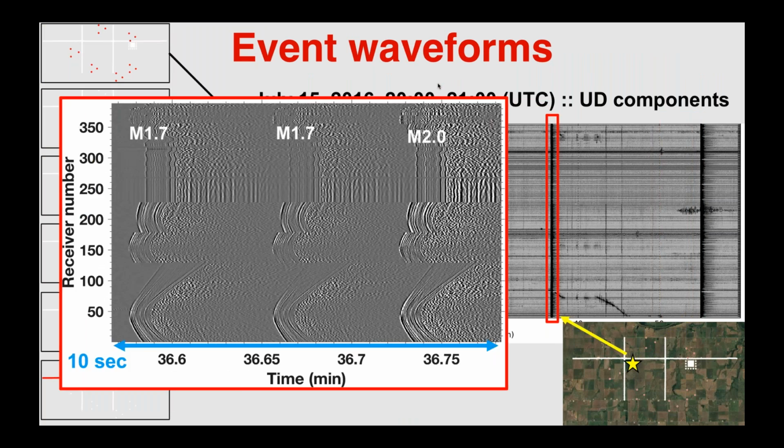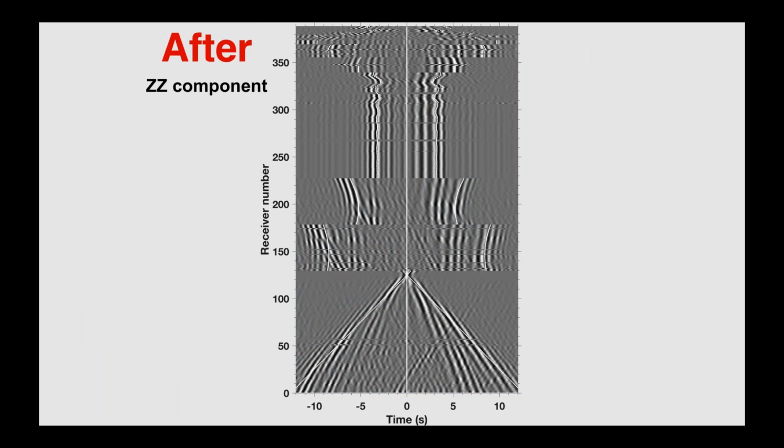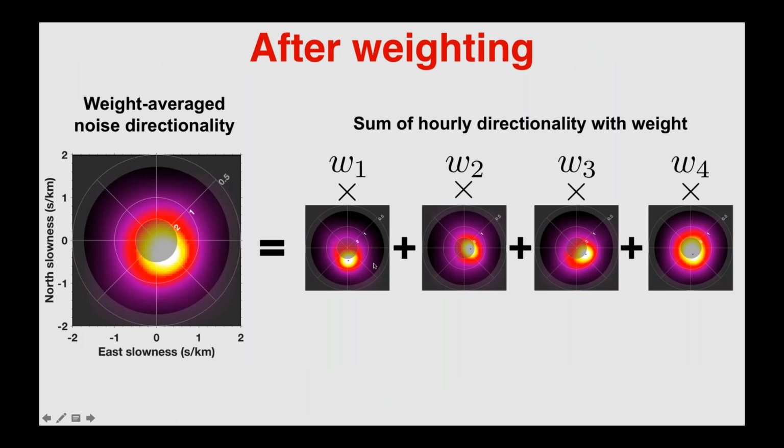I calculate the average energy at each azimuth, and so I have the function of the energy against the azimuth, and with this weighting function, I try to minimize the variation over this azimuth, and that eventually makes the similar or almost same energies come from all the different azimuths.